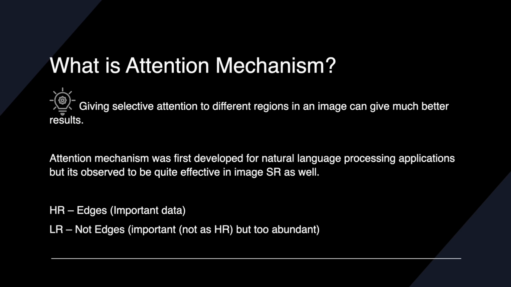Because in high resolution, what we want to do is make the edges sharp. We know that the color is filled, we have nothing to do there. We just want to be able to better identify the edges and make them sharp.